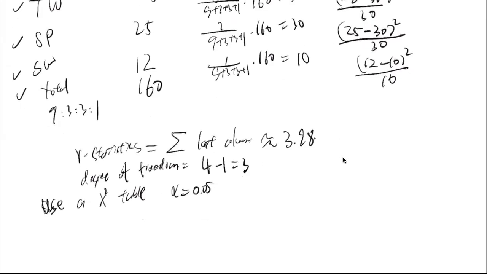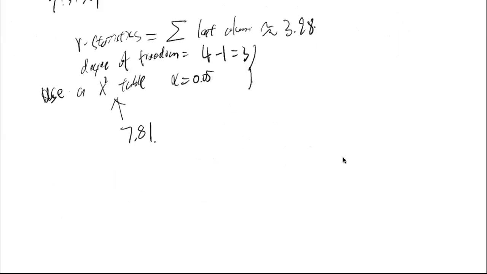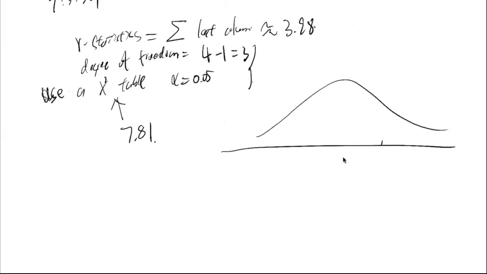So we plug these two pieces of information into the chi-square table, and we get the critical value 7.81. Again, I want to use graphs to explain it better. 7.81 is the threshold.